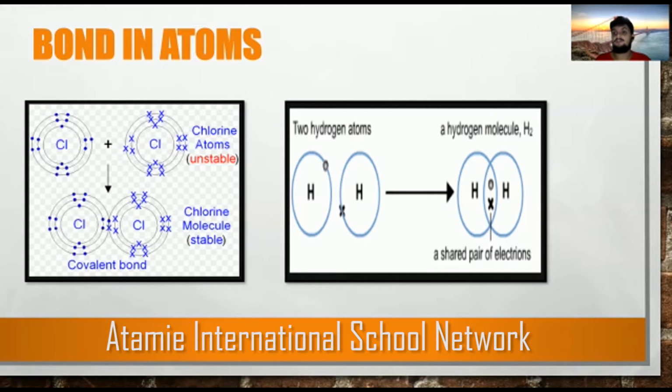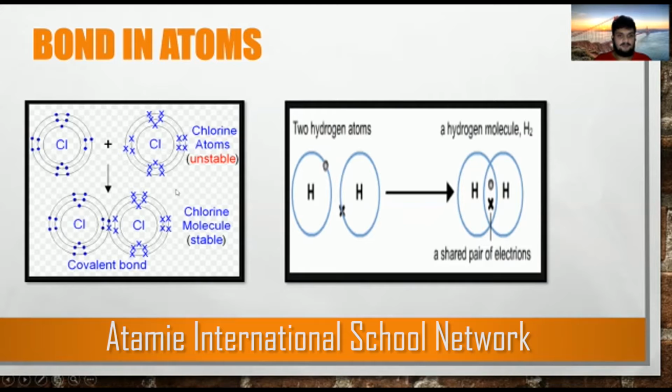If we write chemical reactions, we don't just put H, or just O for oxygen. We always put O2. This is because they are diatomic molecules. So how do they achieve this? They are covalently bonded to each other.